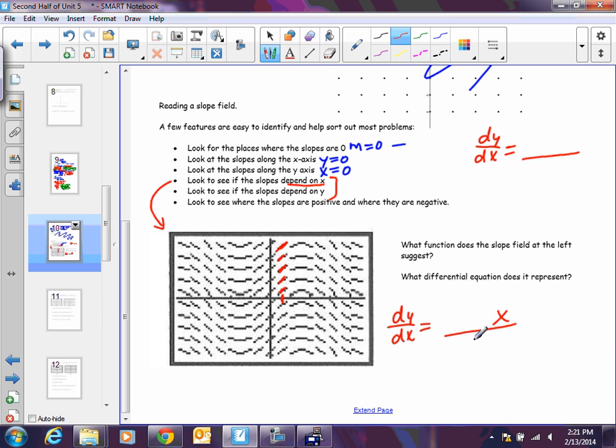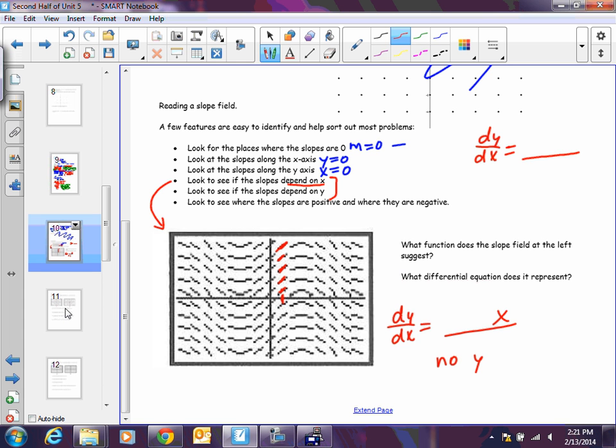It does not have a y in it because the y does not matter. Likewise, we could have one that only depends on y, where it goes left to right. So this is sine, and the derivative of that would be cosine.